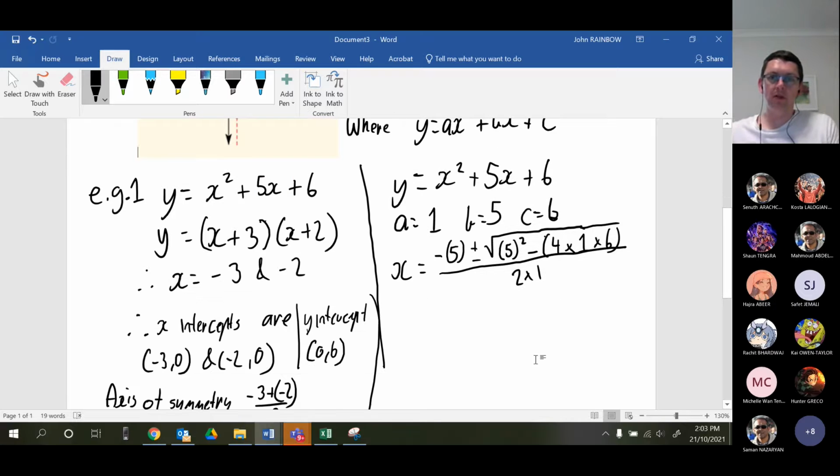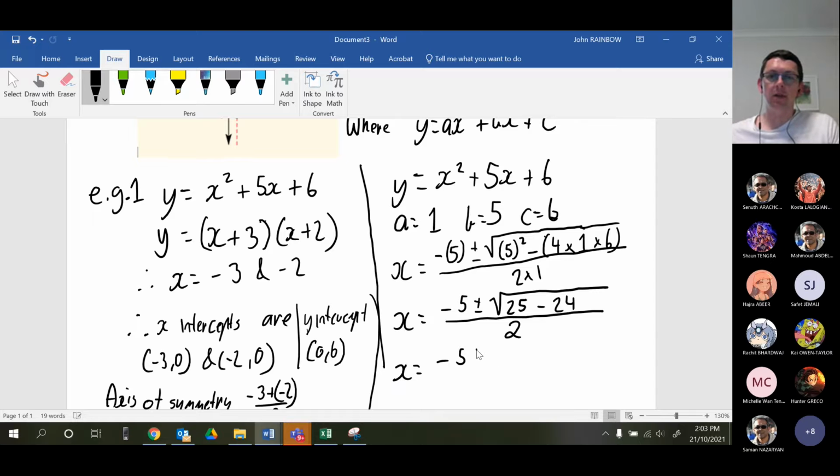Then we just go on. x equals negative 5 plus or minus the square root of 25 minus 4 times 1 times 6. 4 times 1 is 4, 4 times 6 is 24, all over 2. x equals negative 5 plus or minus the square root of 1 over 2.